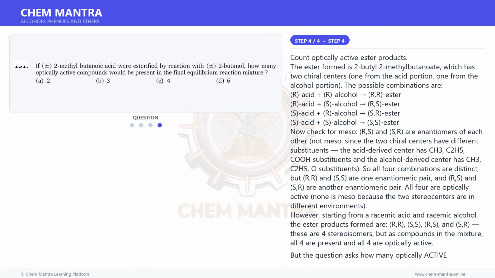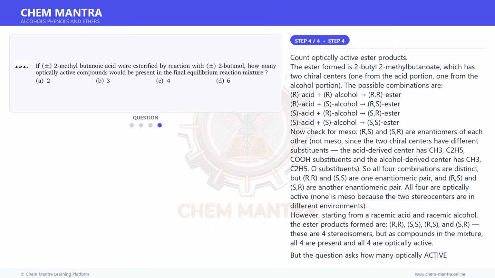However, starting from a racemic acid and racemic alcohol, the ester products formed are R,R, S,S, R,S and S,R. These are 4 stereoisomers, and all 4 are present in the mixture and all 4 are optically active. But the question asks how many optically active compounds are present in the equilibrium mixture, counting distinct optically active chemical species.